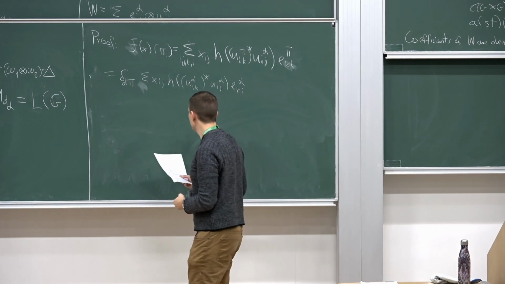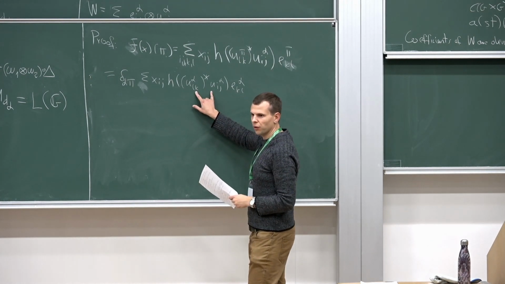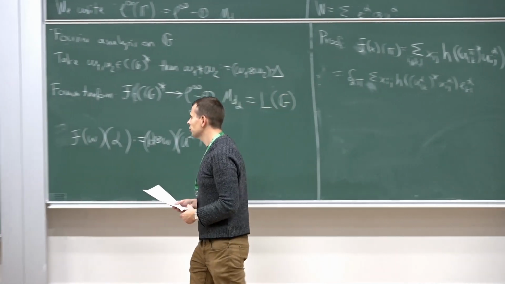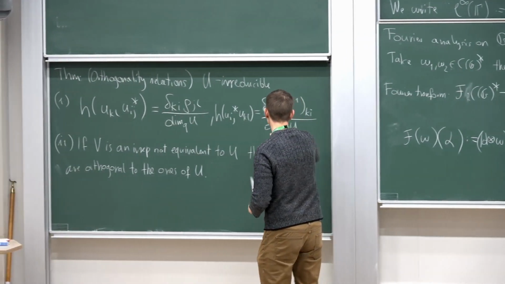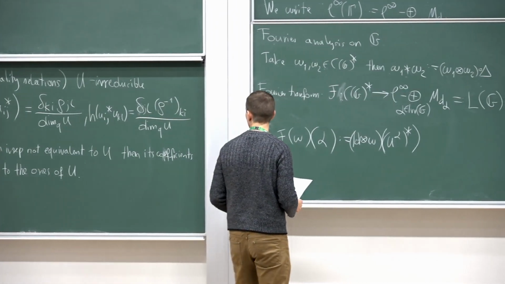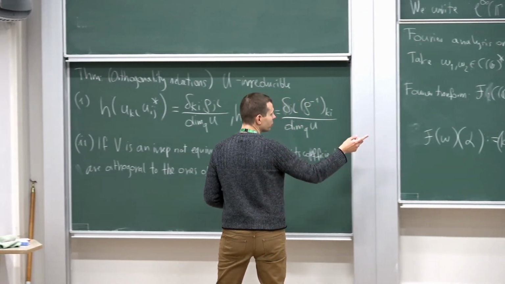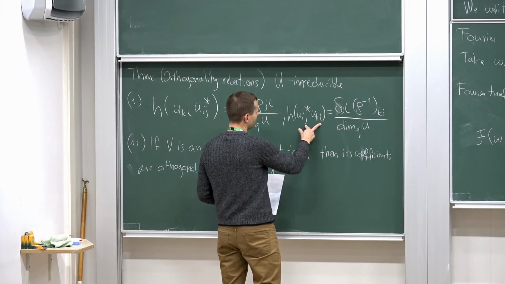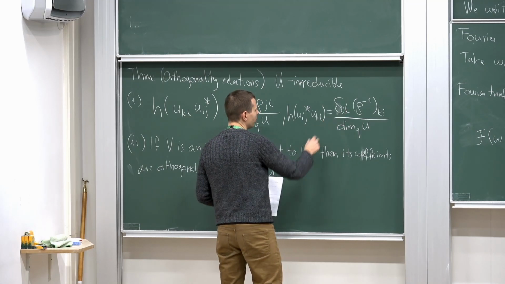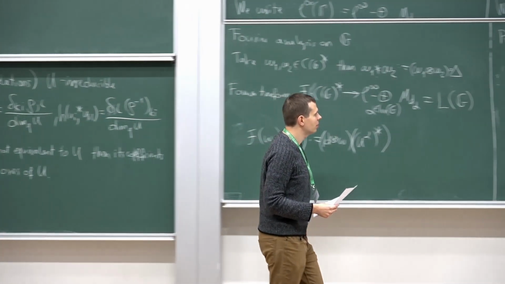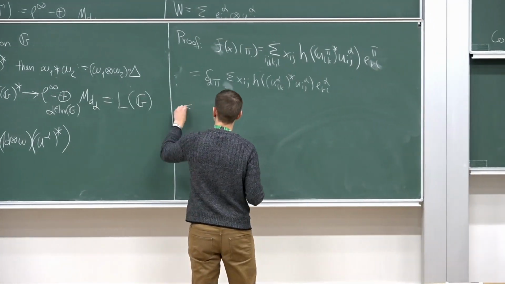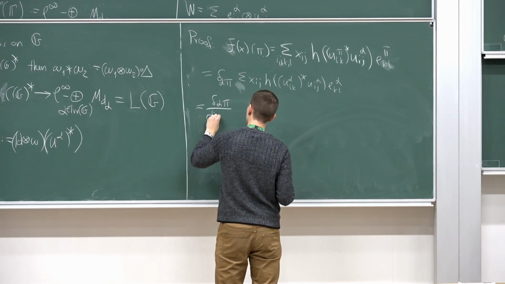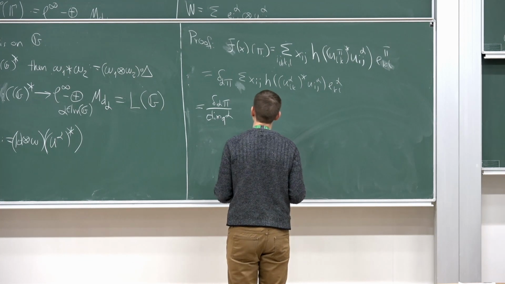Okay, and now we just use the orthogonality relations to evaluate this thing. So this is this formula. We will have this 1 over the quantum dimension like we wanted. We want the second indices to be the same. So we get delta alpha pi over the quantum dimension of alpha.